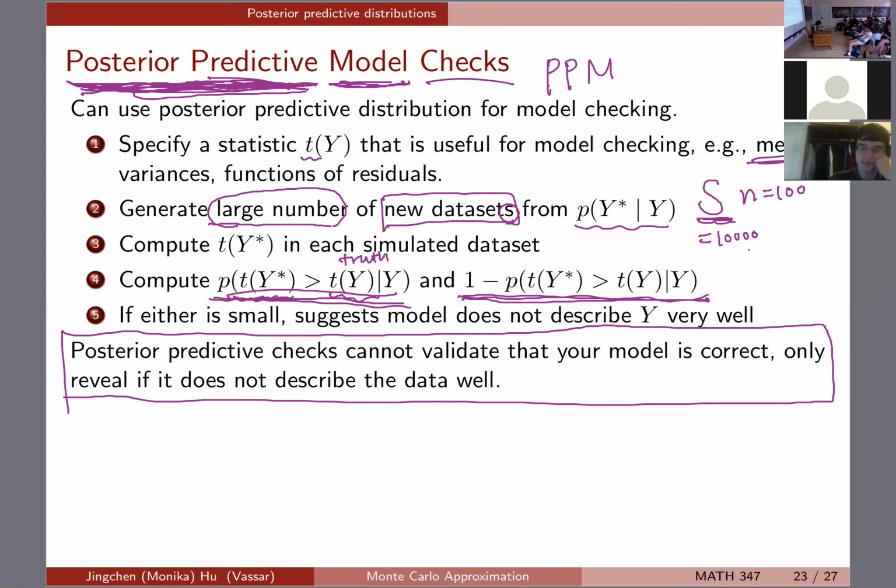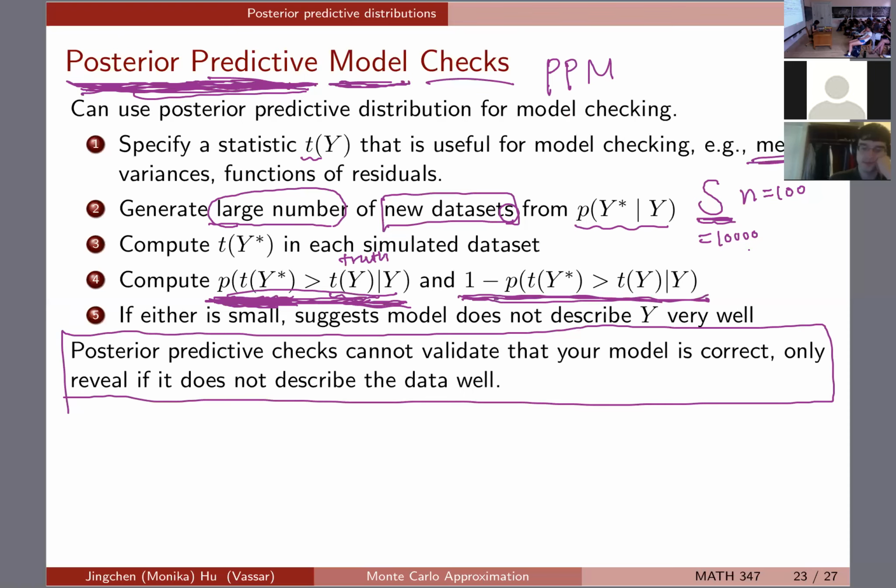Let me pause for a little bit. Out of the 10,000 newly generated samples, you calculate the mean, and out of those 10,000 means, you return the probability of the means being larger than the truth, or 1 minus that probability.